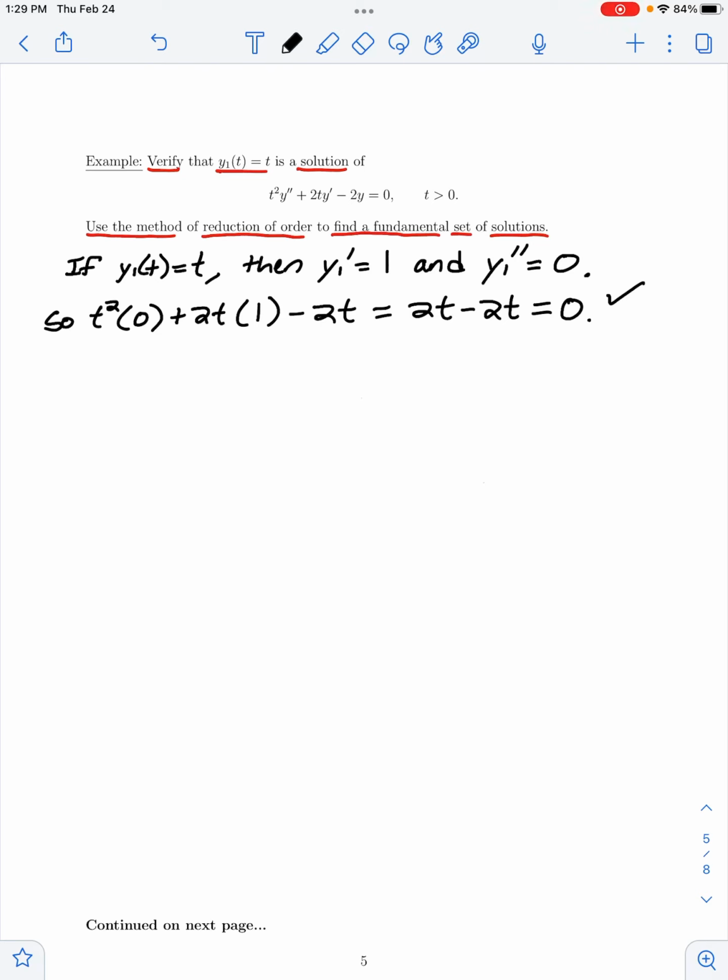So when we substitute into our differential equation, it is satisfied. So we can say here that the function y1, which is just equal to t, is a solution.